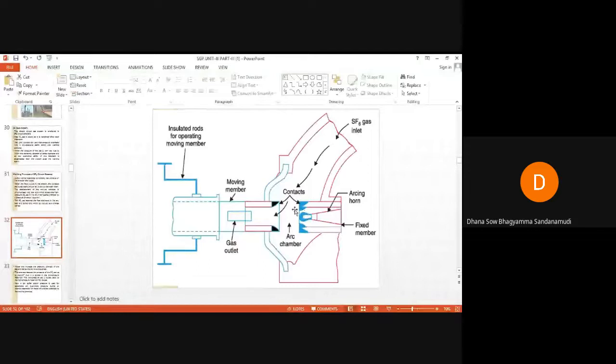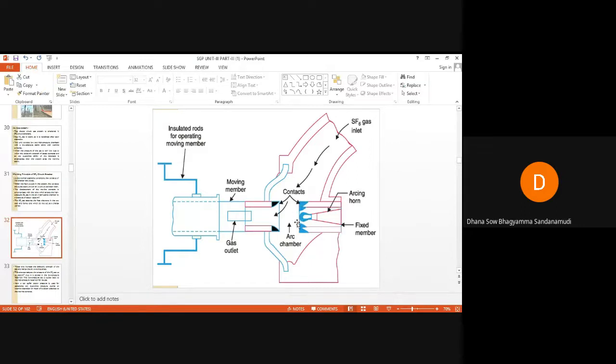The arc is not shown in this image, but you can imagine an arc between the contacts. The SF6 gas absorbs the free electrons in the arc path and forms ions which do not act as charge carriers. These ions increase the dielectric strength of the gas, and hence the arc is extinguished.